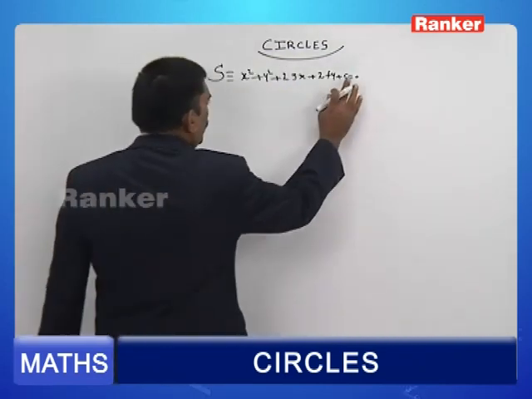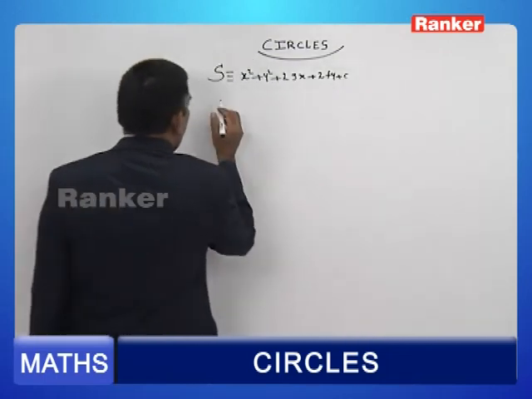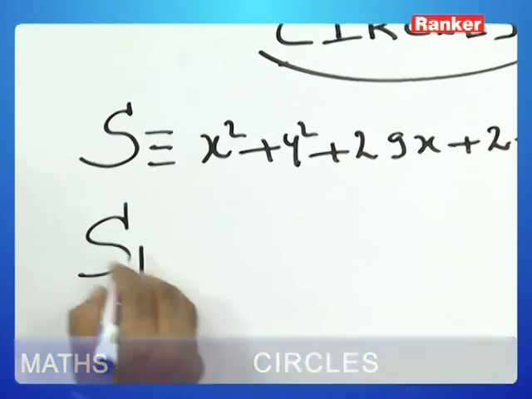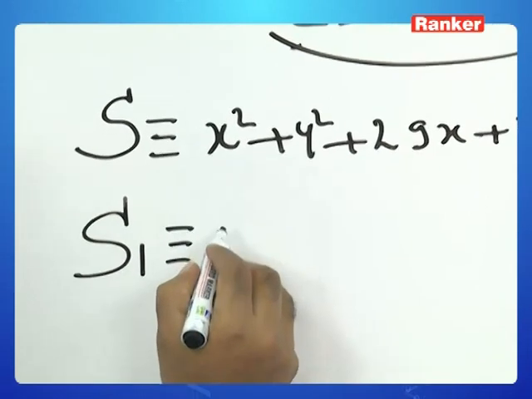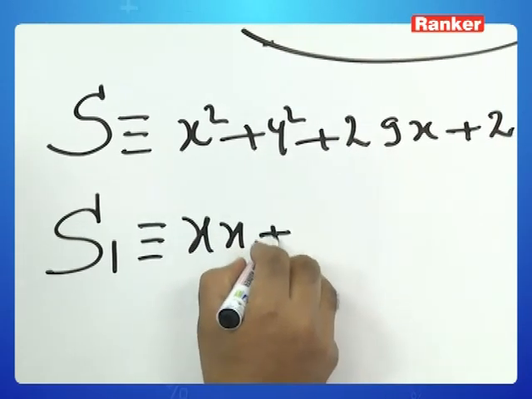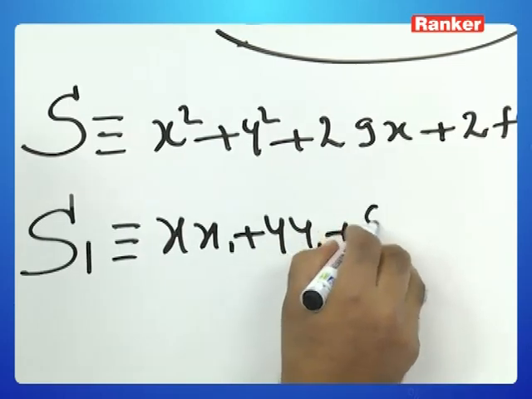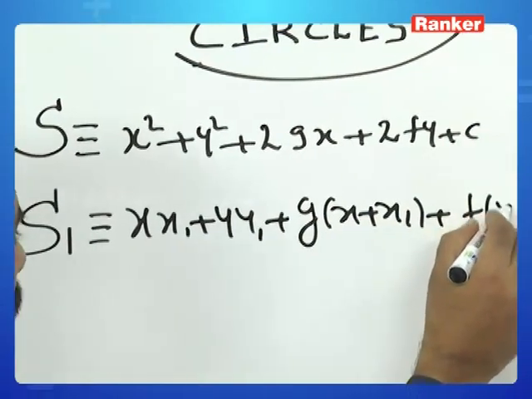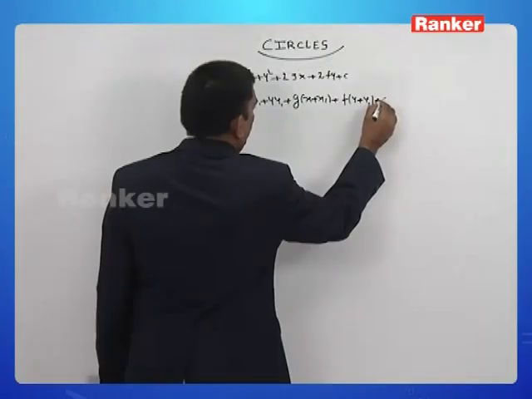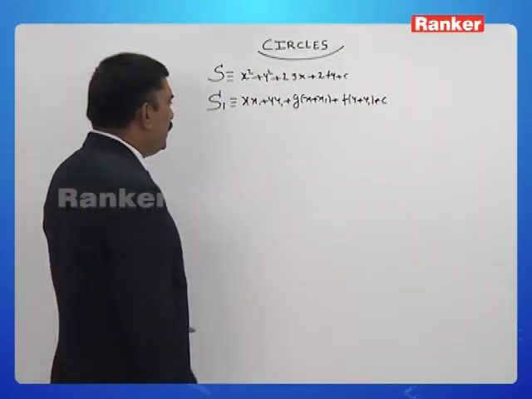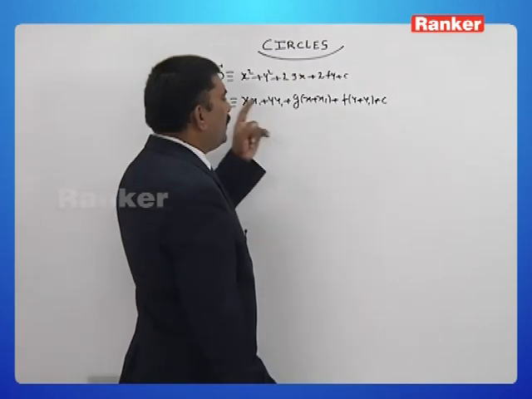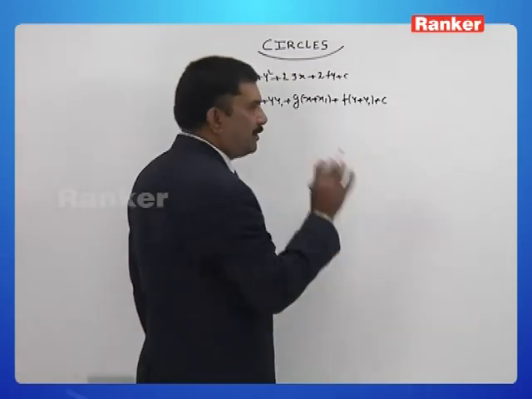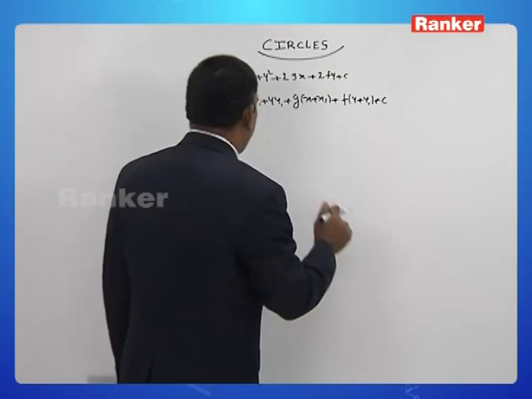Now what is S1? S1 is nothing but xx1 plus yy1 plus g into x plus x1, plus f into y plus y1, plus c. Here you can find x and y. If I put it equal to 0, it represents a line equation.